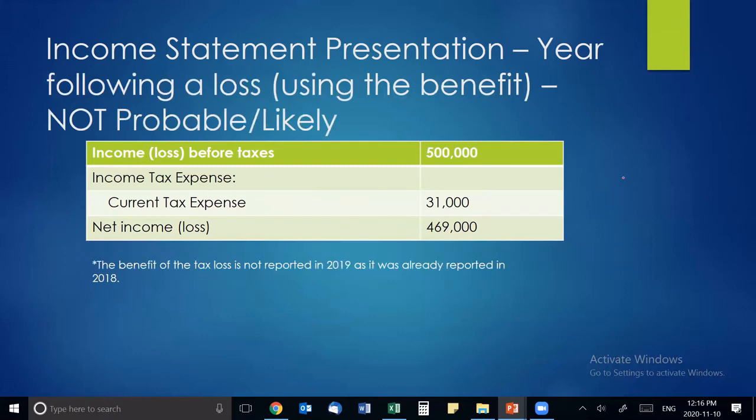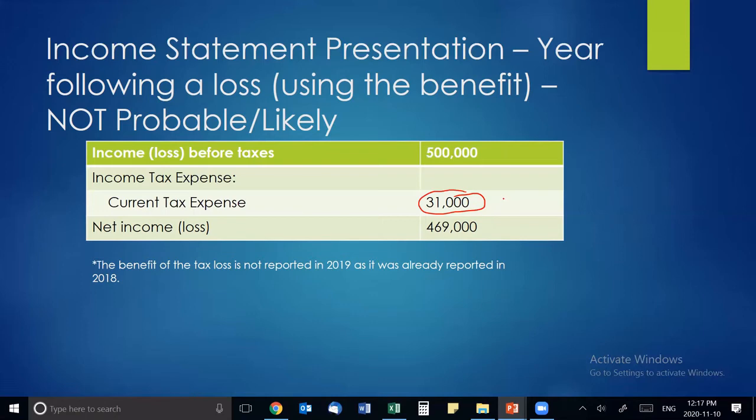So in 2019, we're still using our loss to bring this down to 31,000, because the Tax Act says if you have a loss, you can use it. IFRS and ASPE say you can't recognize the benefit for this unless it's probable or likely, because we're going to be recording an asset.